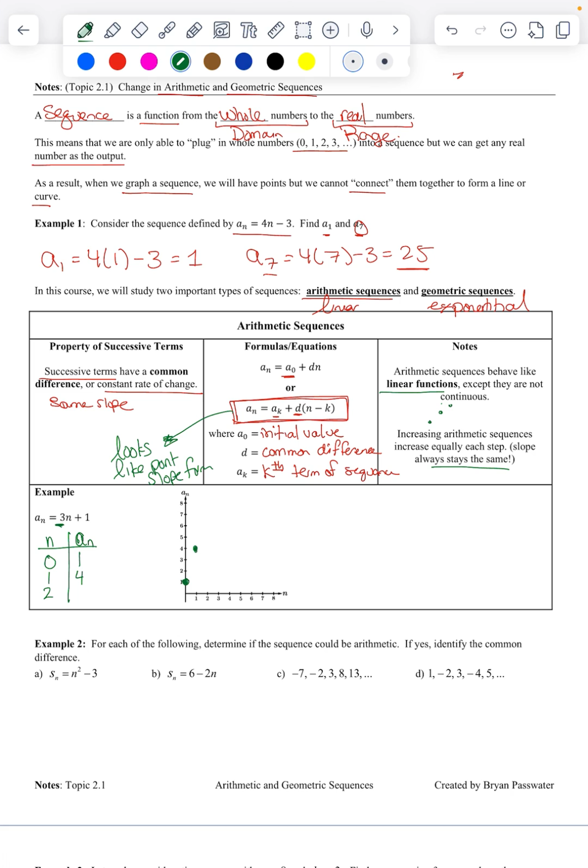When n is 2, your a sub n is going to be 7. And you see why I cannot connect these points, okay? I can't do this. And the reason is because the domain is only whole numbers. I'm not going to be plugging in 0.5 or 1.5 or 2.5 to figure out what those values are.